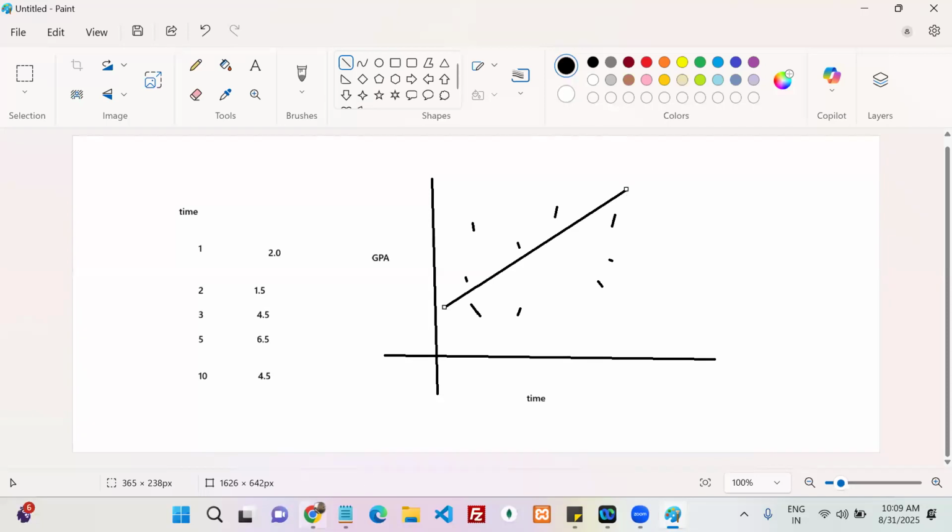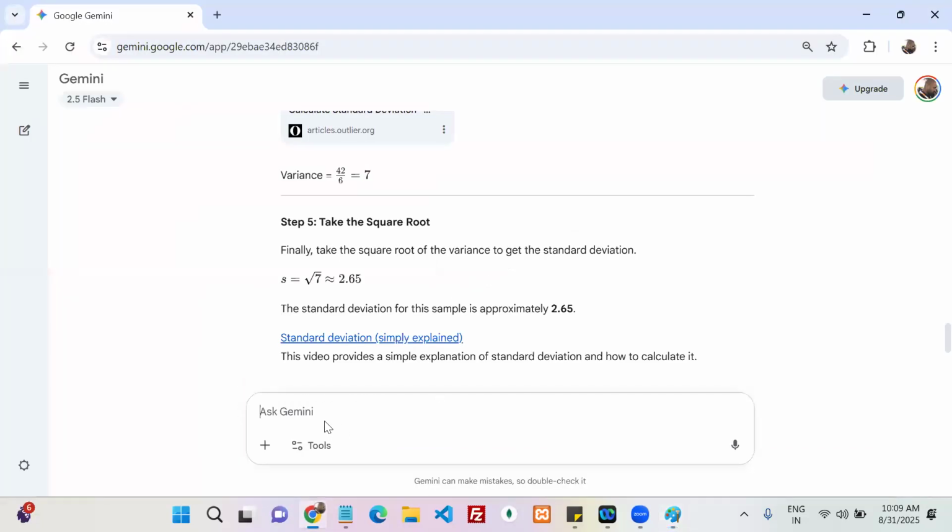Here I can get it something like this. I have student study hours and GPA, and I need to draw the regression line using y equals mx plus c. Calculate the value using that.